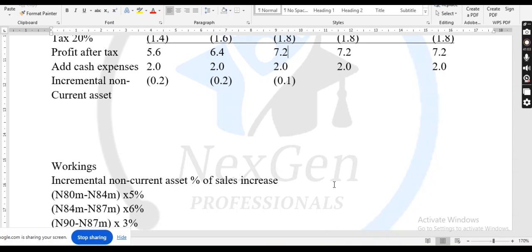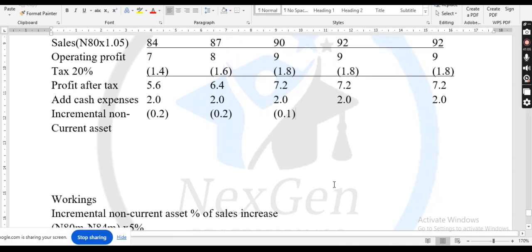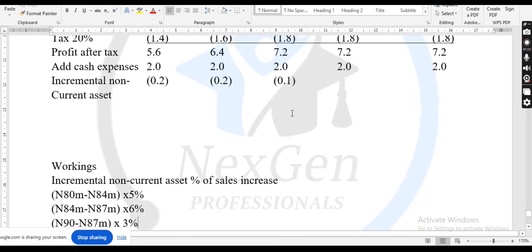Okay, 0.18. Someone says it is actually 0.09. For the second year, 0.18, and when you approximate it, 0.2.